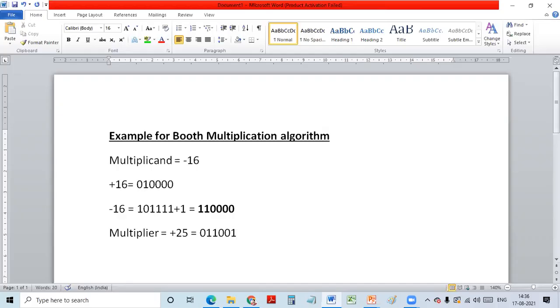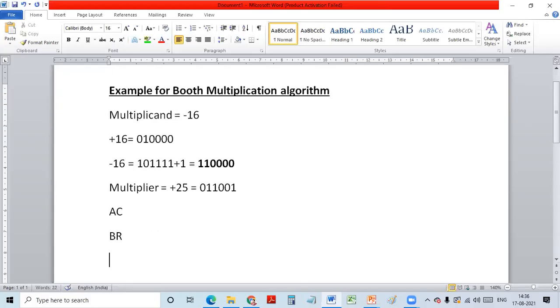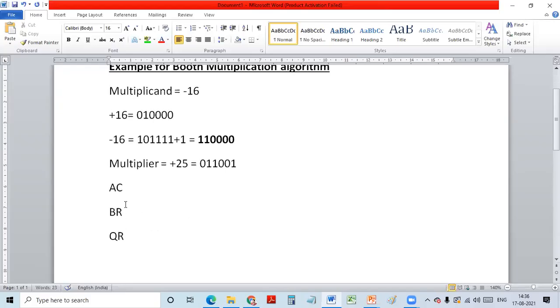So we have three registers in total: accumulator, BR, and QR. Okay. So what should we load in the accumulator? 0. This is the final product, right? So all zeros. How many zeros? Whichever is greater in number of bits.